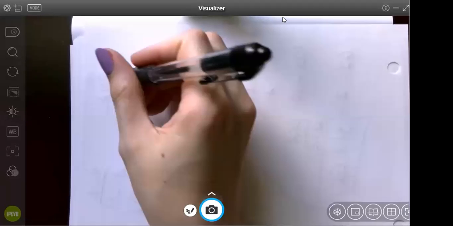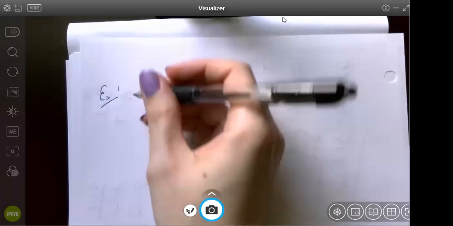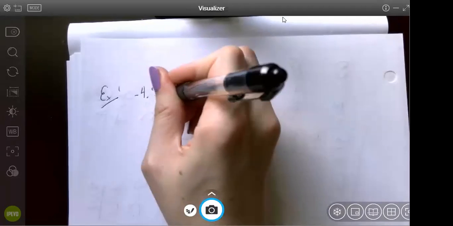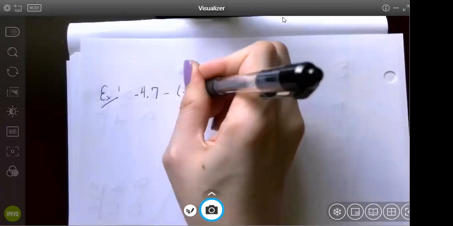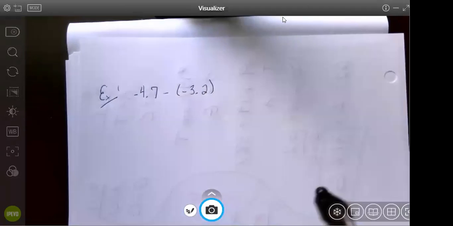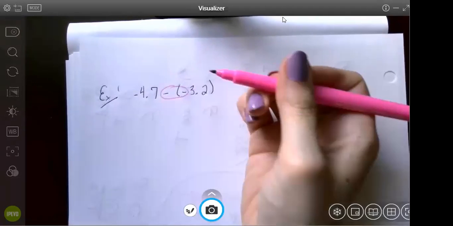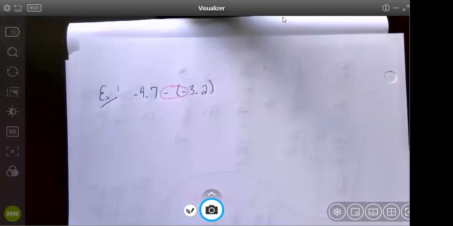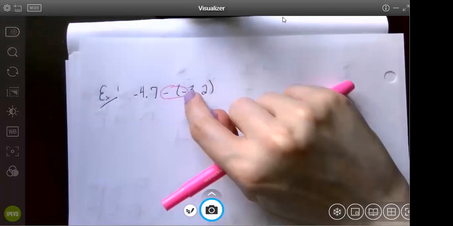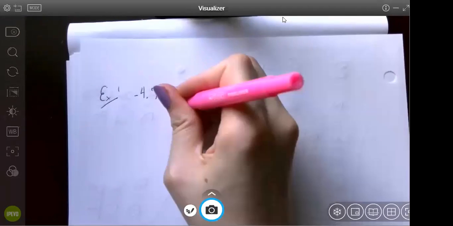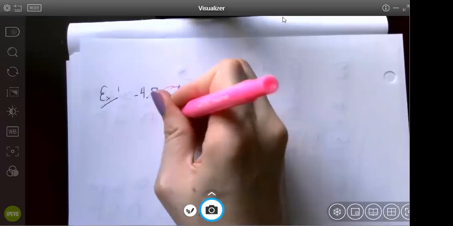Okay, so for the first example here, we're going to go over how to subtract negative 4.7, take away negative 3.2. Now, the important thing to know here is anytime you have two minus signs right beside each other like this, that are either directly beside each other or just separated by a bracket, those two turn into a plus sign.